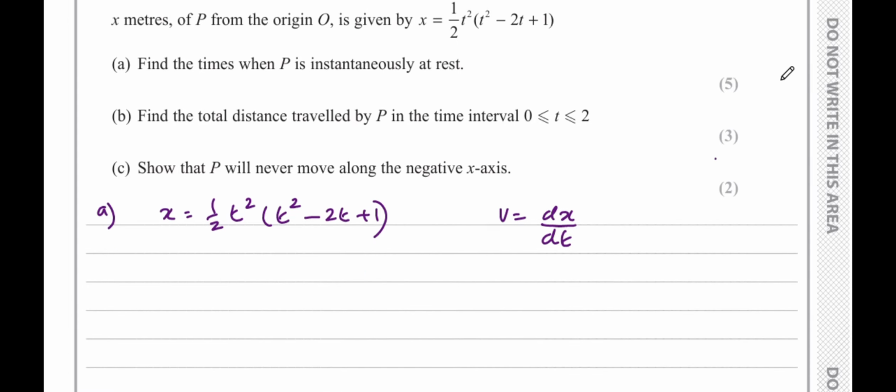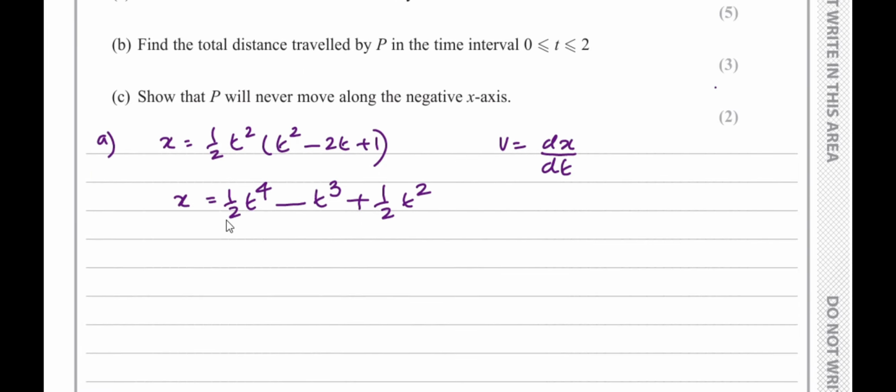So in order to differentiate this, the first effort that we need to take is to rewrite this in the form which is differentiable. That is, every term should be written in indices. So x is equal to half t to the power of 4 minus half t square times 2t. So half and 2 will cancel out, and t square becomes t cubed with the t plus half t square.